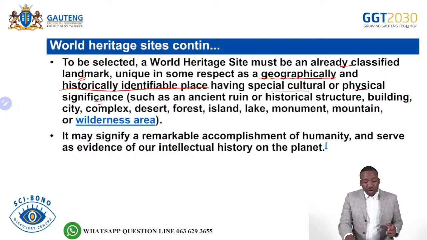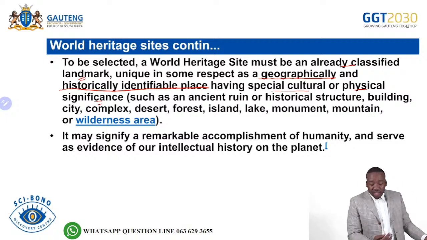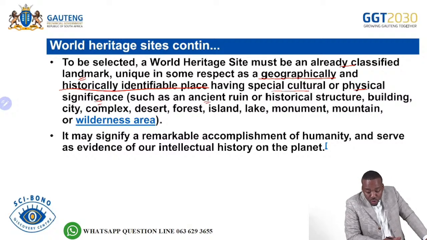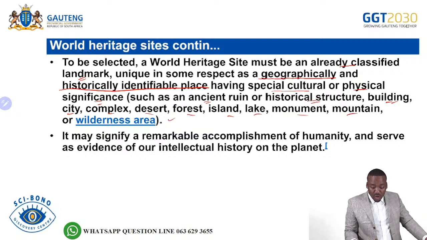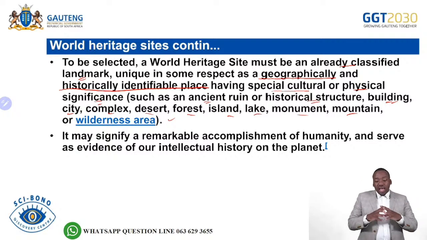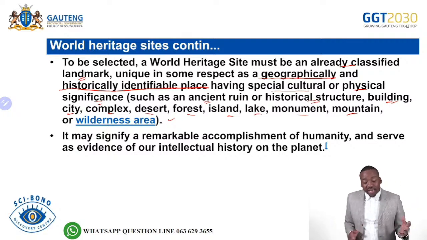For example, an attraction that is very old, that has an ancient ruin, or a historical structure, or a building, a city, a complex, a desert, a forest, island, lake, monument, mountain, or any wilderness area. So these could be the World Heritage Sites that you might have.